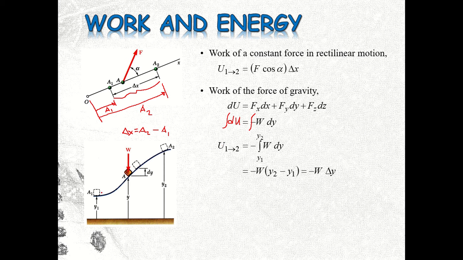From 1 to 2, equal to the integral of W, this is the right side, with the negative put outside, multiplied by dy.